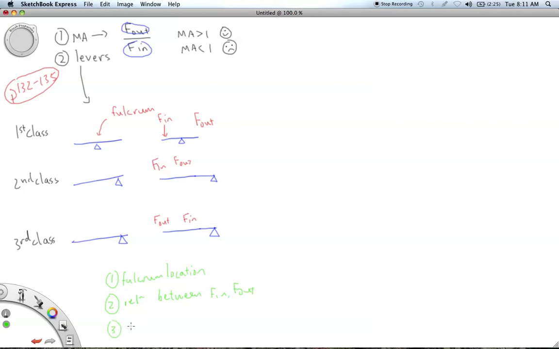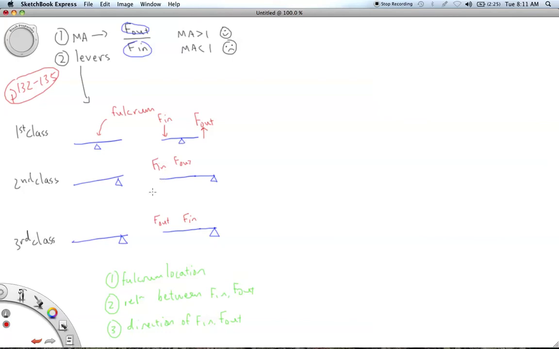The third relationship is direction of the input force of the output force, and that's what I started showing up here. So for first class levers, the direction difference is the input force is going, let's say, down. The output force would be going in the other direction. Okay.